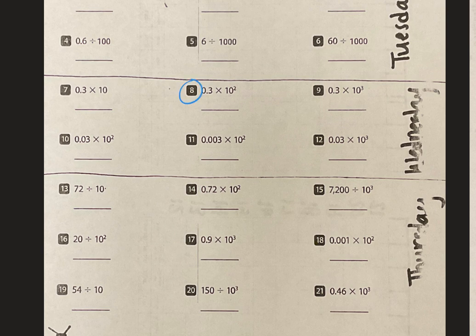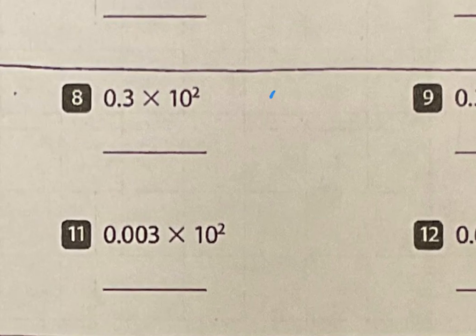Let's look at number 8. Number 8 says 3/10 times 10 to the second power. I'm going to zoom in here. So if I have 3/10, that's really big writing, but it's okay. 3/10 times 10 to the second power. So here's what this means. 10 to the second power means I'm doing 10 times 10.